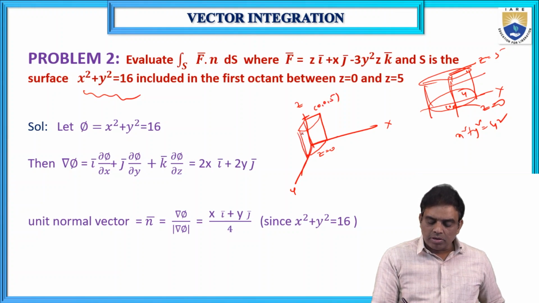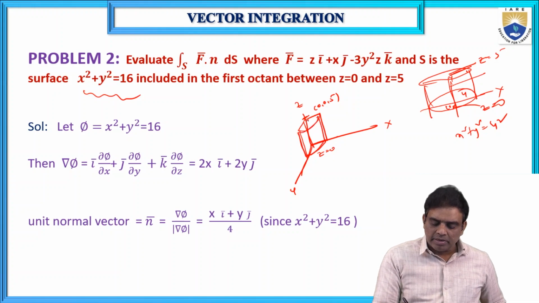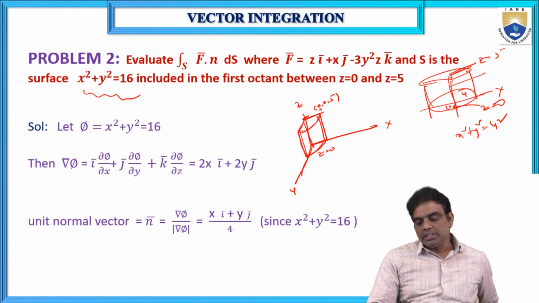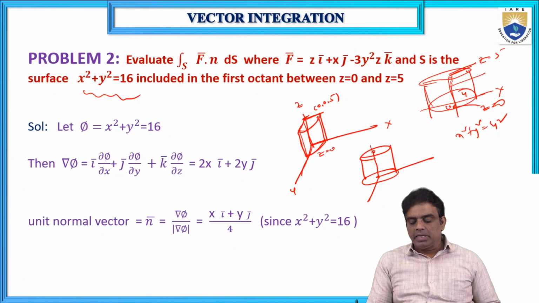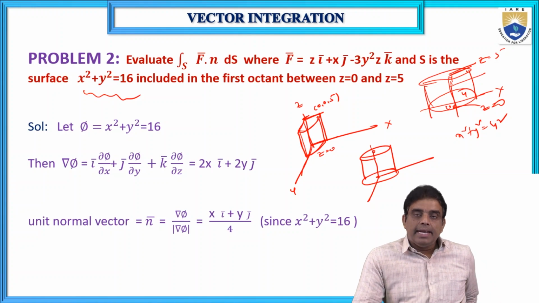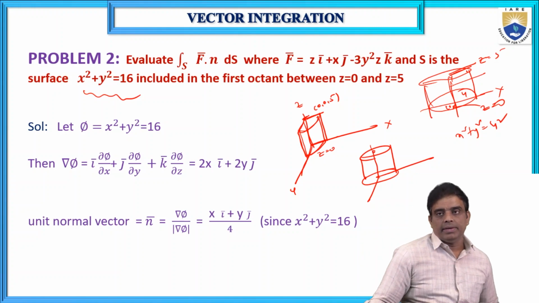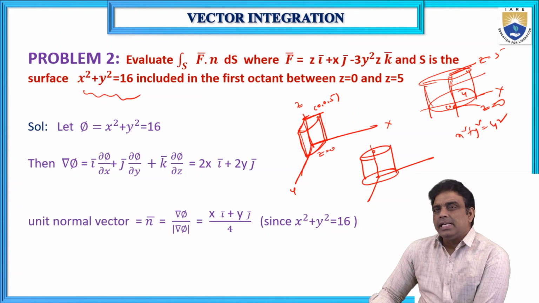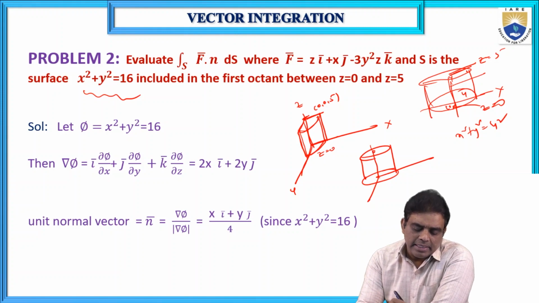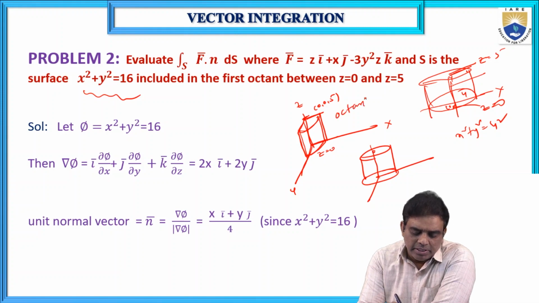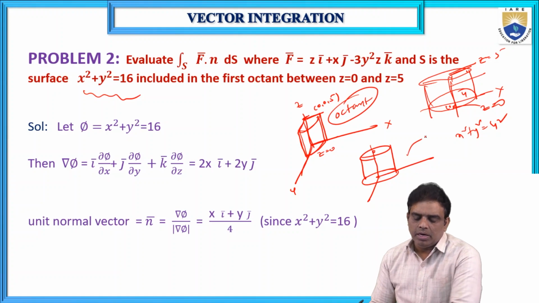The first octant means the 8th part of the total surface area. This is the total, because the circle is the base and the height varies from z equal to 0 to 5. That means you will get a circular cylinder. On considering the octant, you will get this shape. Octant means only the 8th part; this is the full region.